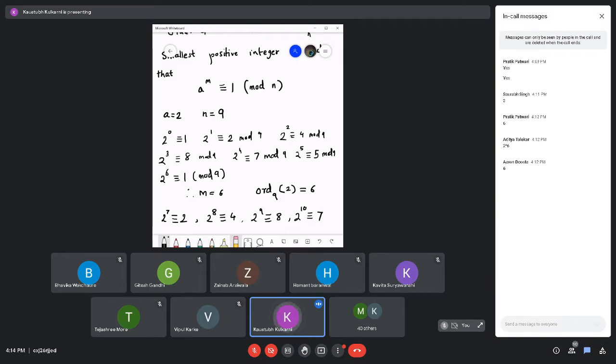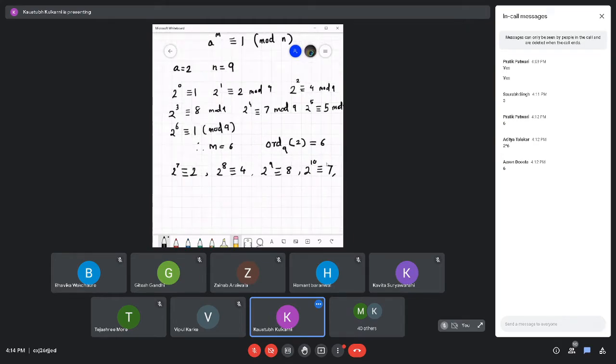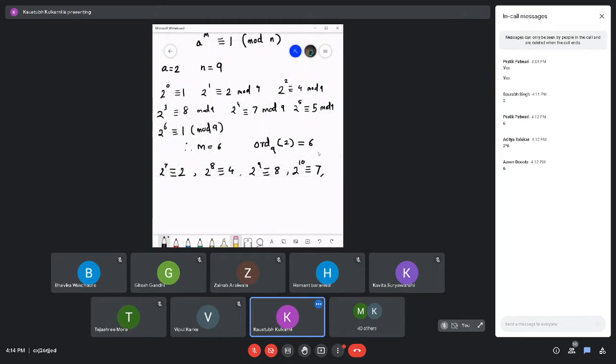Then 2 raised to 11 will be congruent to 5. 2 raised to 12 will again be congruent to 1. So this is in fact periodic.